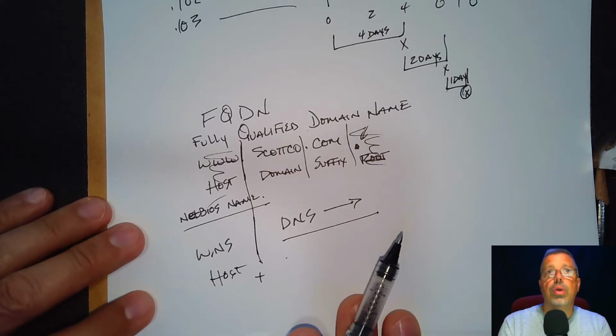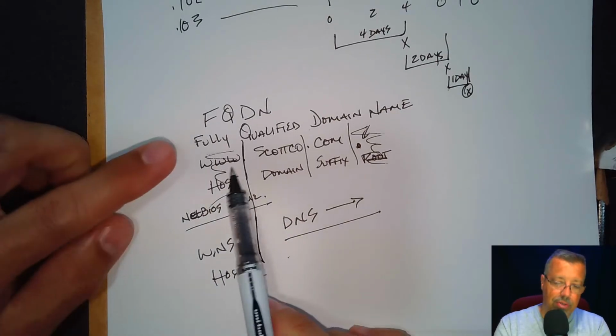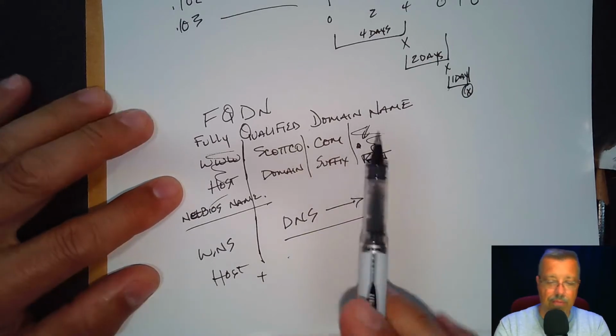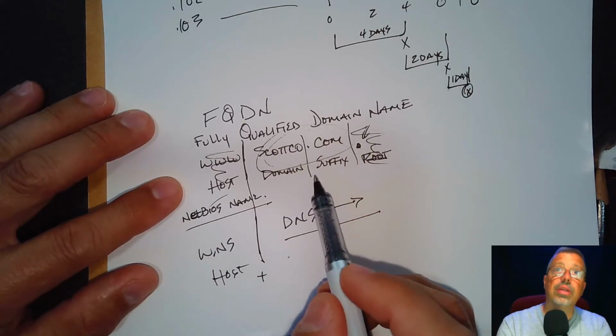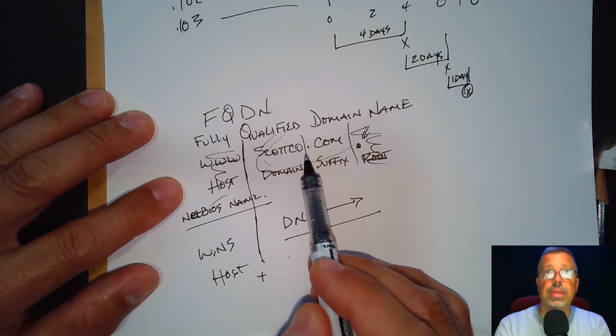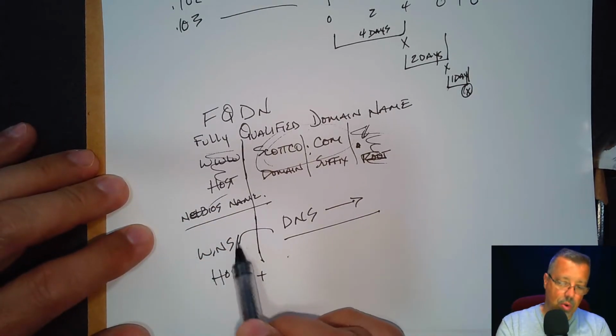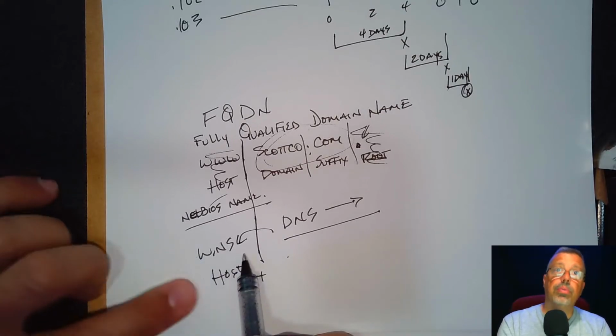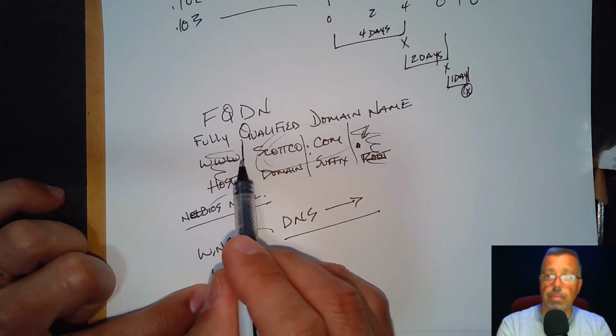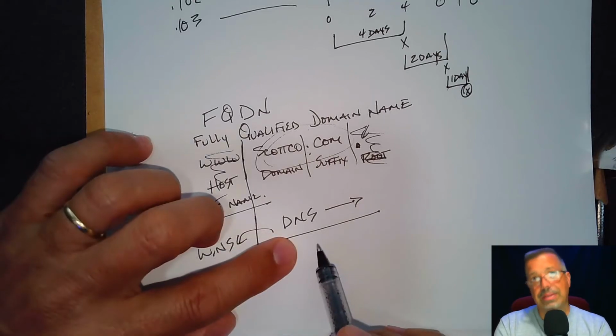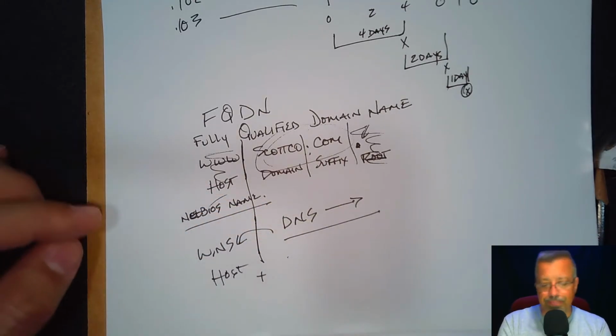So if you wanted to find out the IP address of www.scottco.com, first you'd have to go to the DNS server and get the DNS server IP address of scottco.com, and then that server would go over to its own WINS server and pull the IP address of the www host, give it back to DNS, and then it would move on.